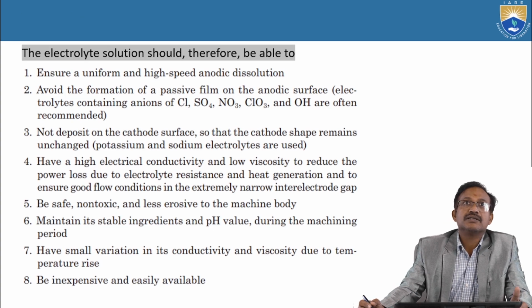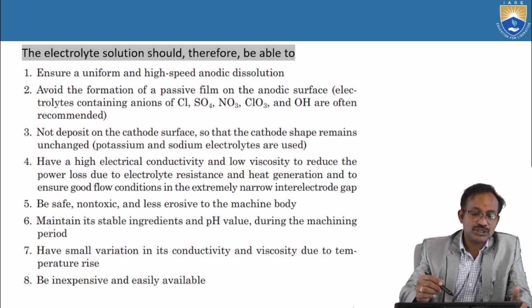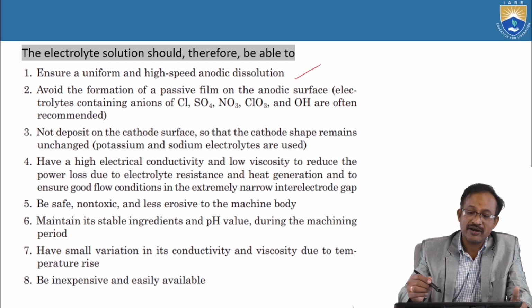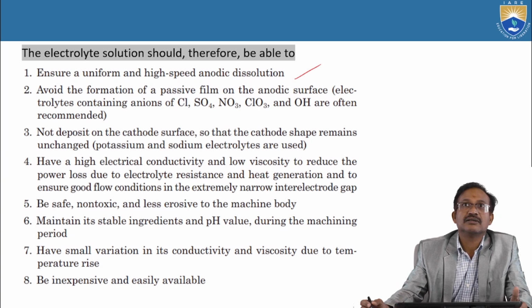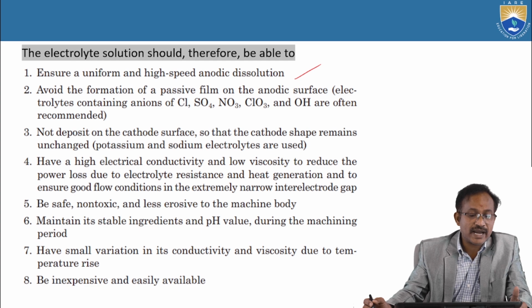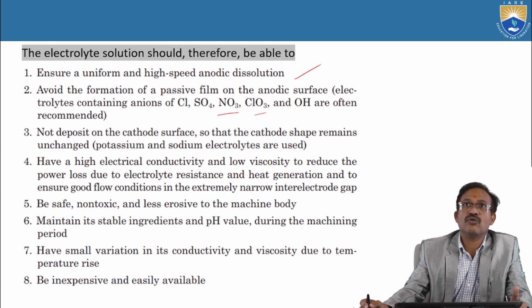The electrolyte solution should therefore be able to ensure a uniform and high-speed anodic dissolution and avoid the formation of a passive film on the anodic surface. Electrolytes containing anions of Cl, SO4, NO3, ClO3 and OH are often recommended.